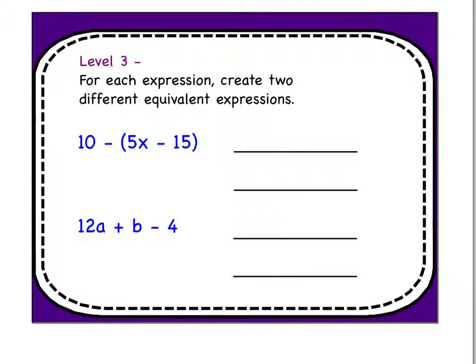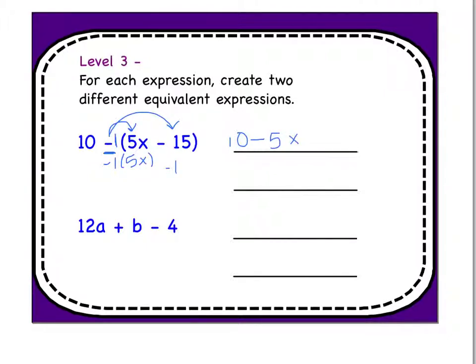Create 2 different expressions. One thing that I could do here is I see this minus right outside the parentheses, and the minus wants to join the party. I'm going to make it a minus 1. So this could be 10 minus, when the minus 1 shakes hands with the 5x, that'd be a minus 5x.